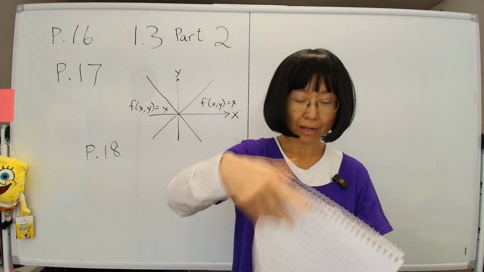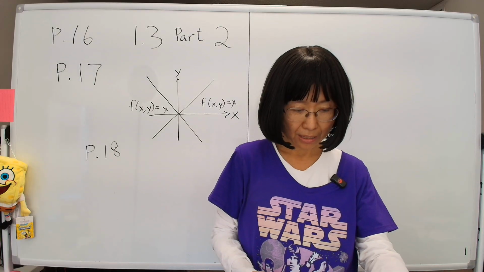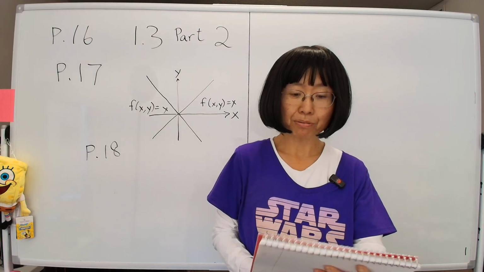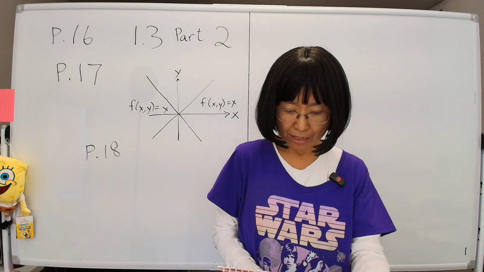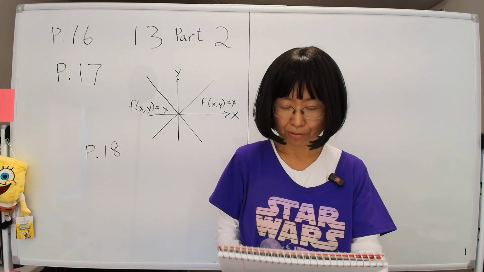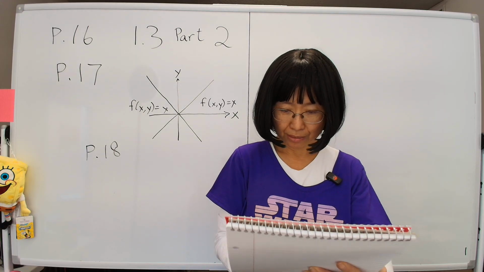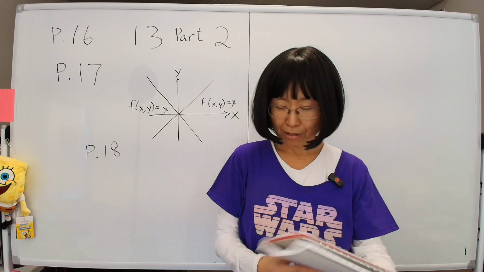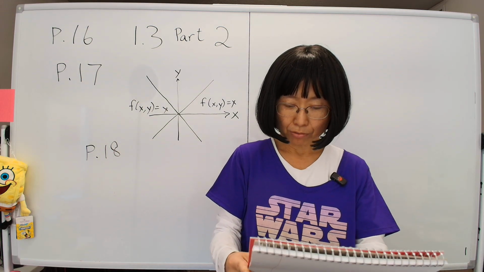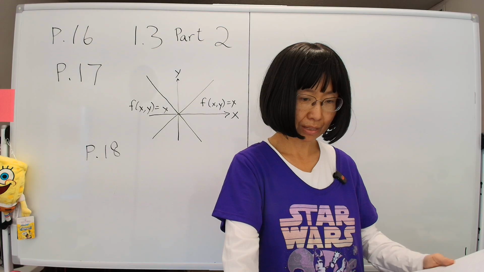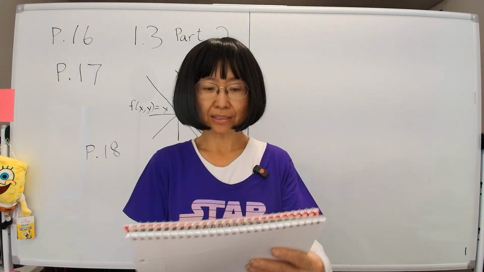And then one more problem, on page 8, problem number 18, where we have this function, and we have to show that it is differentiable at 0, 0. We are supposed to prove that this function is differentiable.